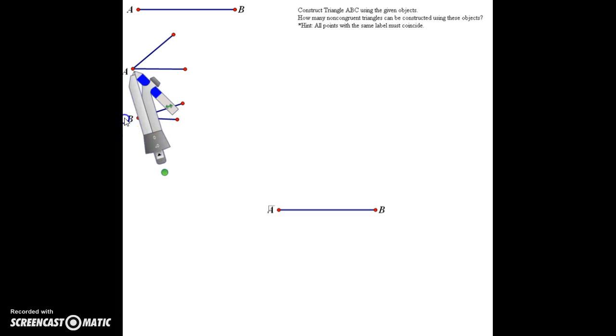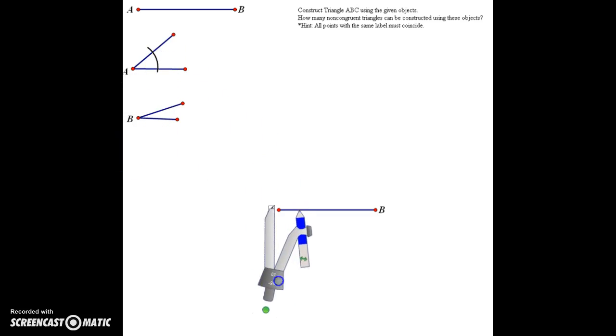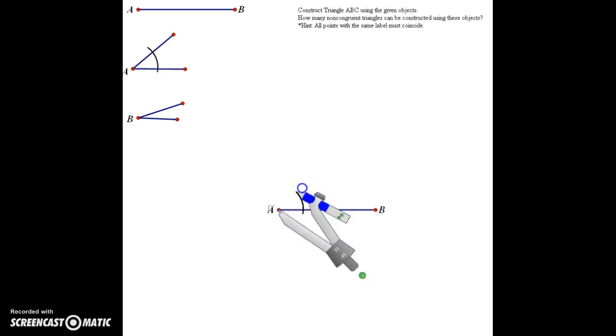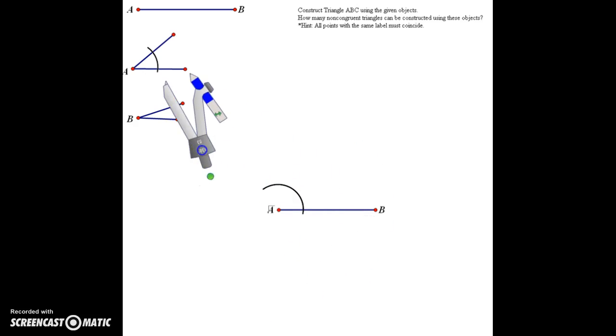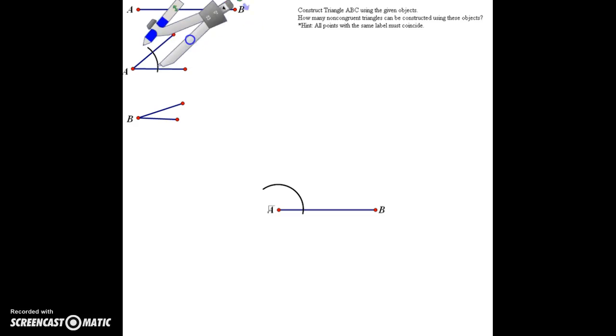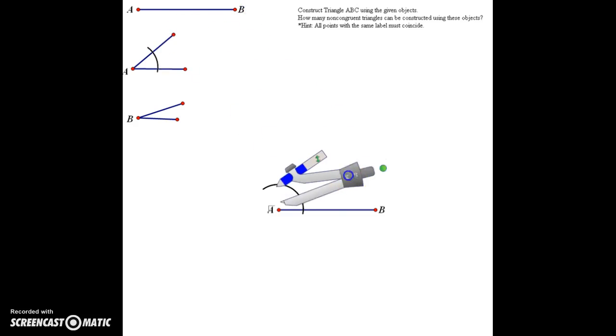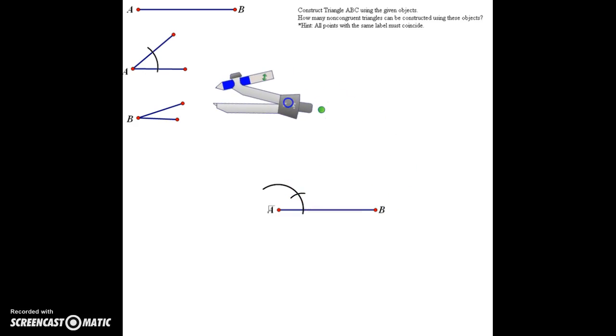So starting with angle A here, I'm going to make the arc through A, make that same arc through point A down here, measure the arc's width, and I'll make that same width down here, and draw in my segment.